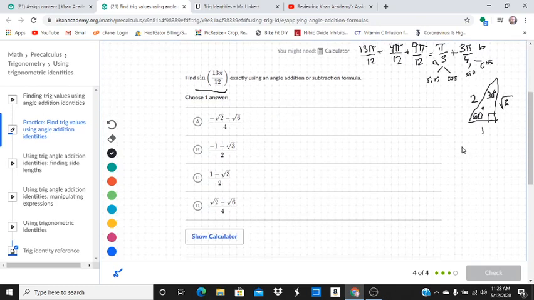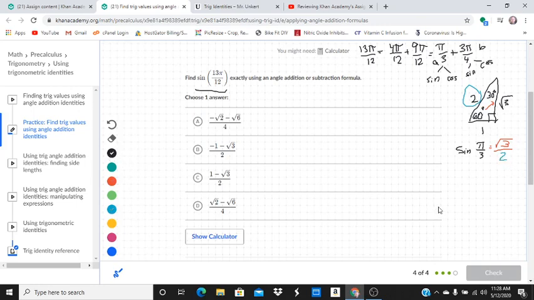So the sine of pi thirds, which is 60 degrees, is going to be the opposite side, square root of 3, over the hypotenuse, 2.